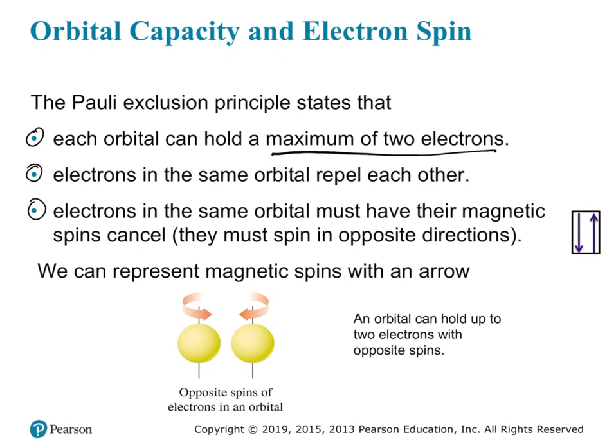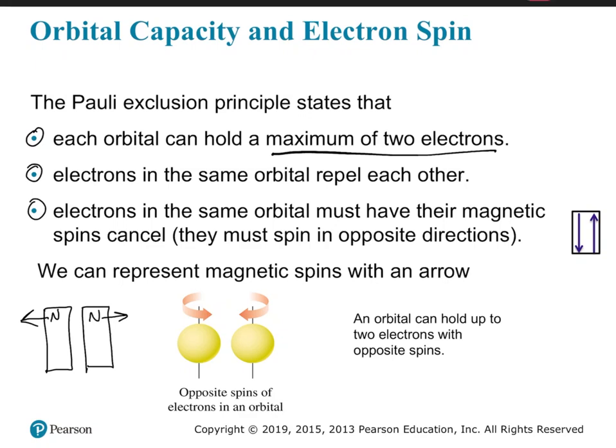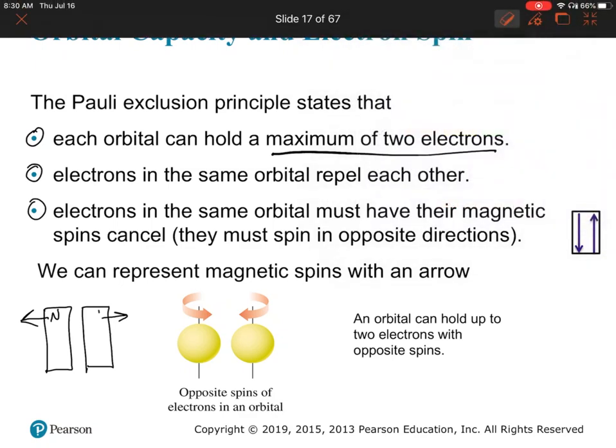So if you tried to put the north end of a magnet next to the north end of another magnet, they would repel each other, right? So instead, you would want to put an electron with a north end next to an electron with a south end, and then they would attract. So same idea, but we just call electron spin up and spin down.